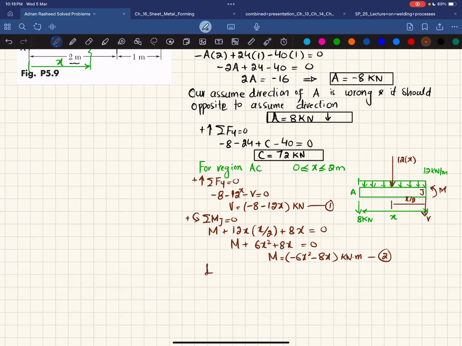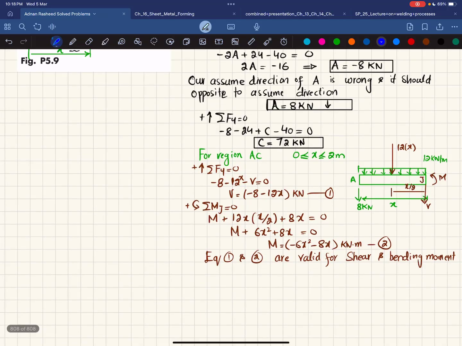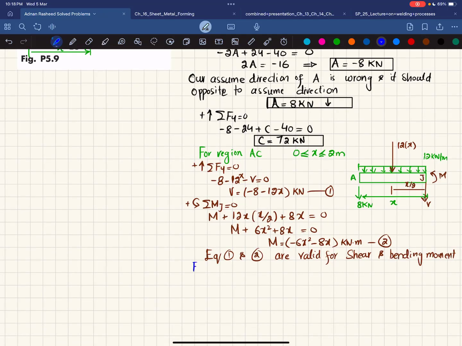Now equations 1 and 2 are the shear force and bending moment equations. If you want to find the shear force and bending moment diagram in region AC, you can use these two equations. Now what we will do is find them for another region, that is region CB.